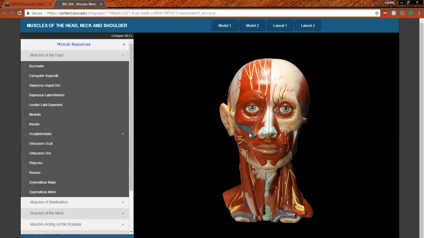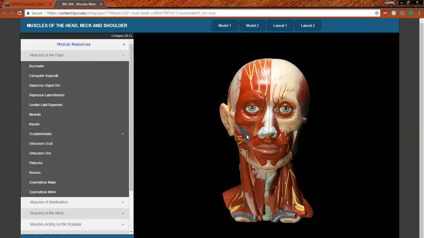It kind of goes back to your zygomatic bone. And then right under that is your zygomaticus major. So zygomaticus major, zygomaticus minor, and then your levator labii superioris is right there. They're all in that little clump.